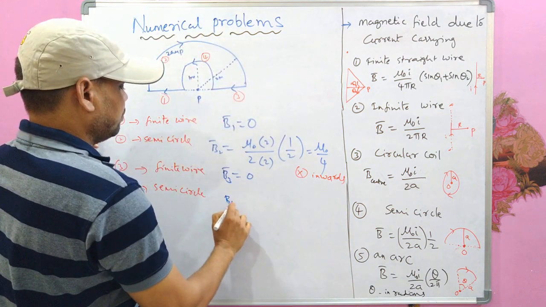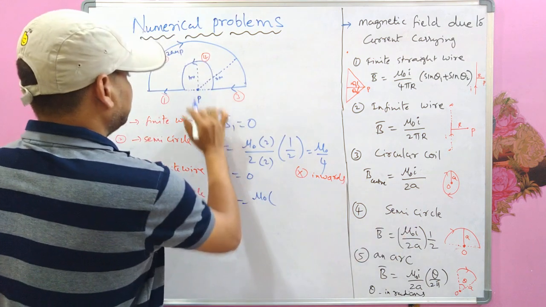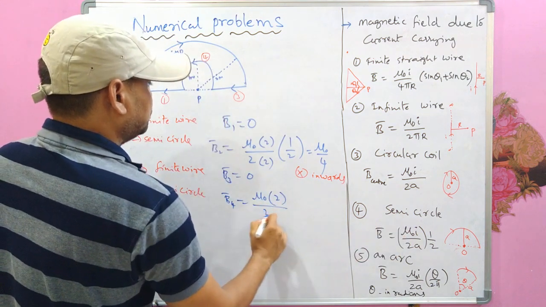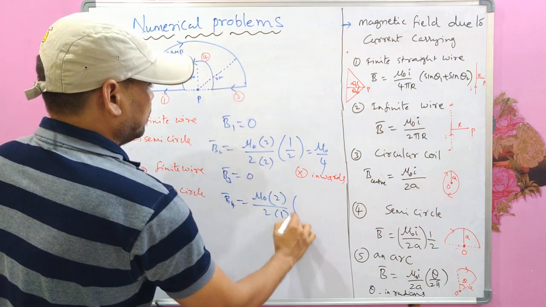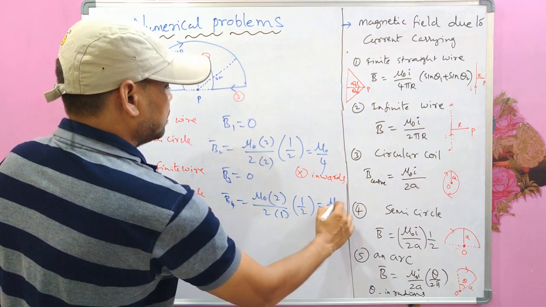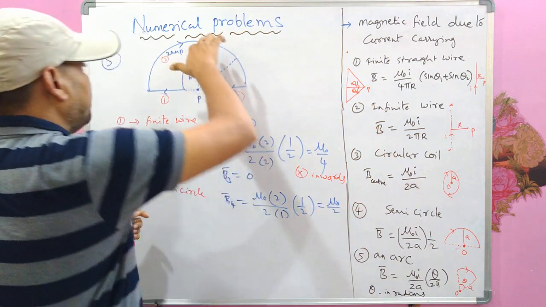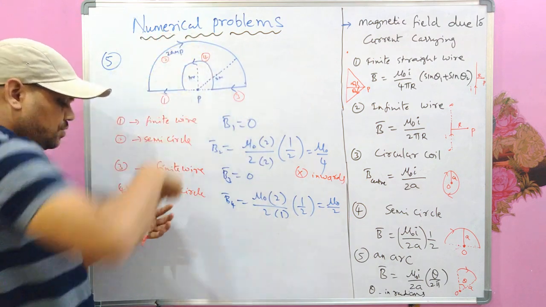So B4 will be mu naught into I, which is how much again? 2 amperes by 2 into what is its radius? 1 meter into 1 by 2. So what is it? Mu naught by 2, and now it is outwards. Magnetic field at point P is outwards.